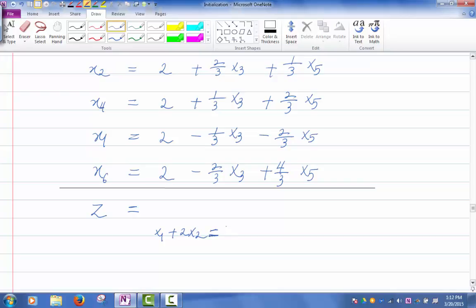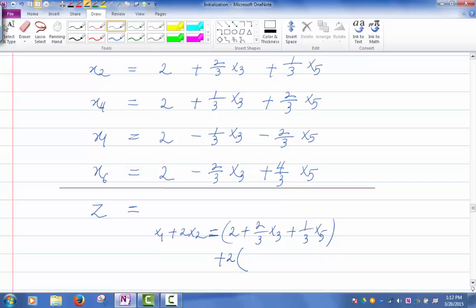So what is x1 in the dictionary? x1 is given by the first row, right? This is 2 plus 2/3 x3 plus 1/3 x5. And then what is x2? Oh, you know what? I wrote x2 first.